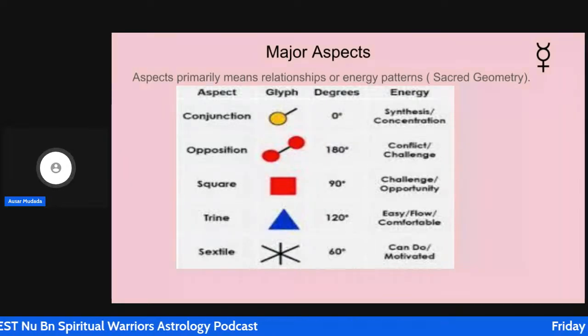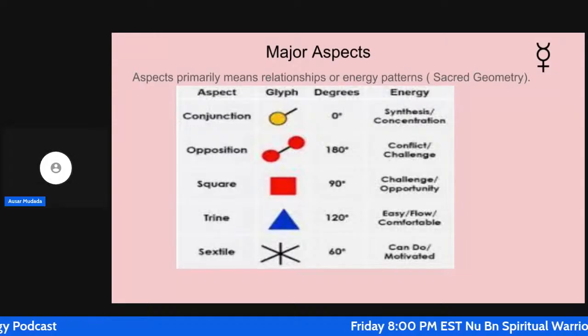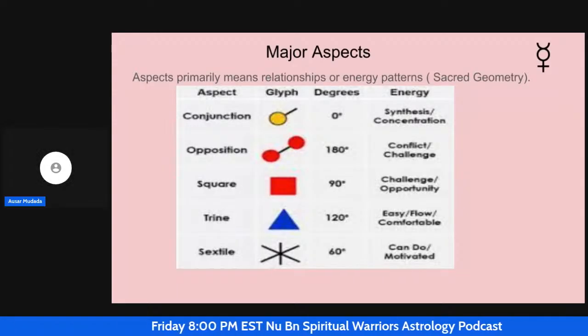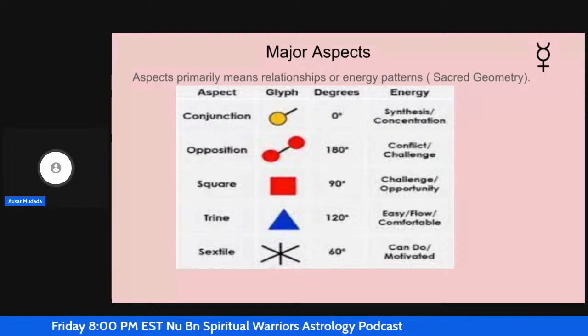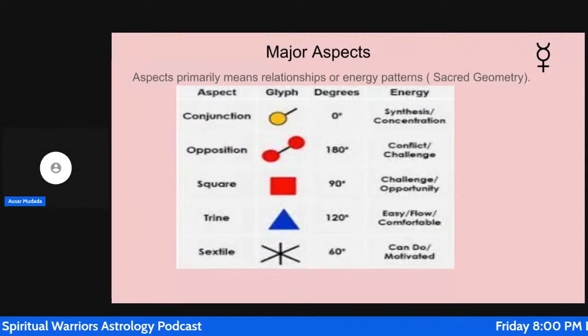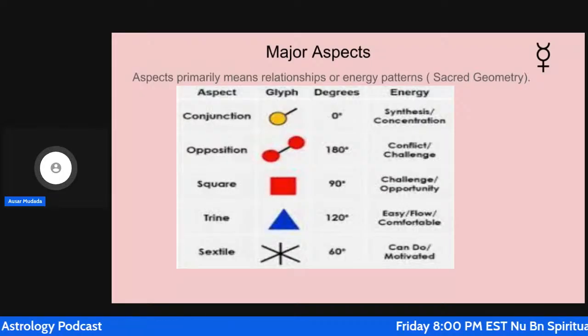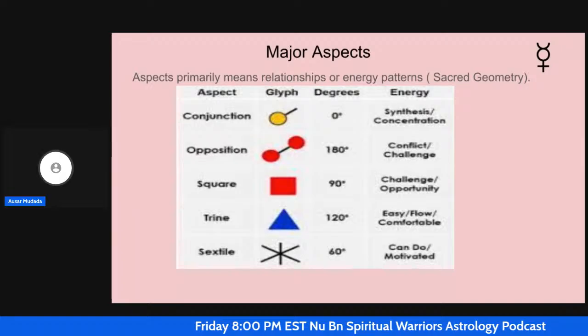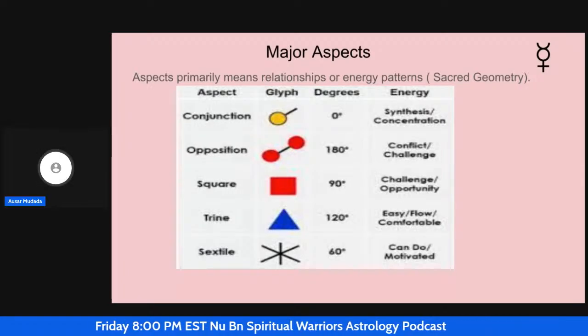And you see the type of energy configuration that it forms. Square: planets are 90 degrees from each other. And you see the energy configuration. Trine, as I mentioned earlier, 120 degrees, and the energy configuration. And the sextile, 60 degrees.